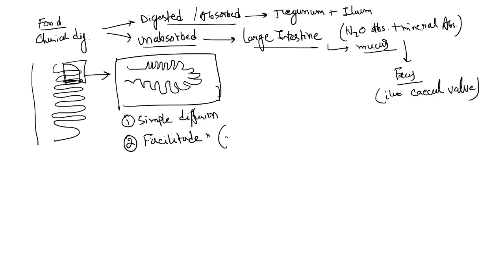Facilitated diffusion is for glucose. Glucose and amino acids can also be transported by facilitated diffusion, where they require the help of carrier proteins for transporting this large chunk of molecules like glucose and amino acids.